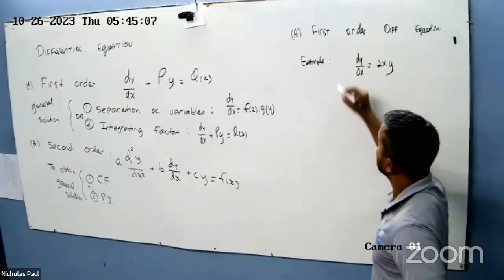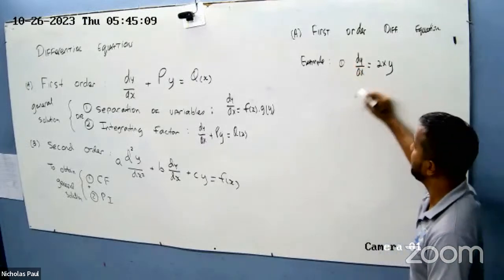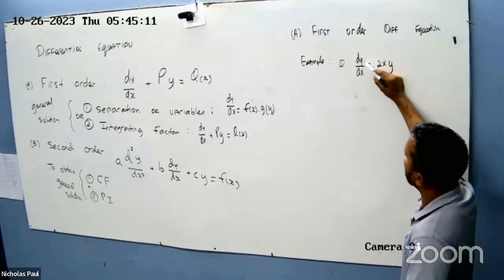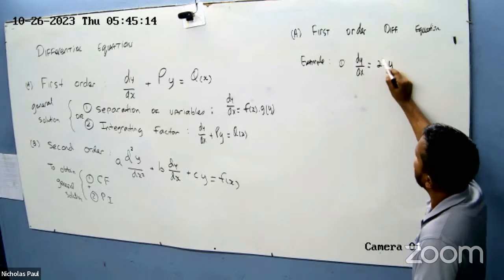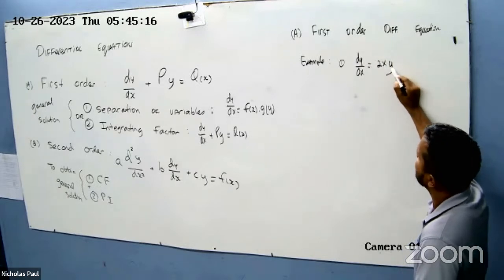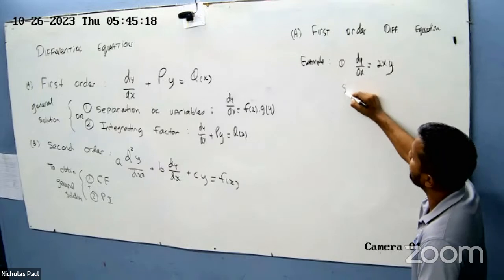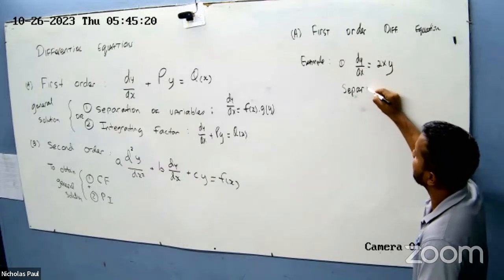All right, ready? So with the first example, you'll recognize that this is of the form dy/dx is equal to f of x by g of y.